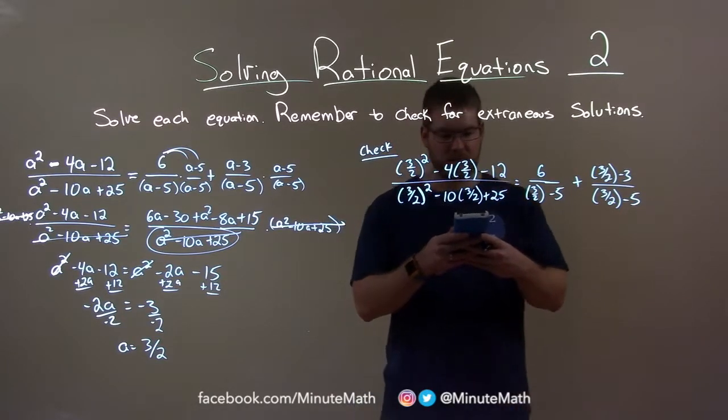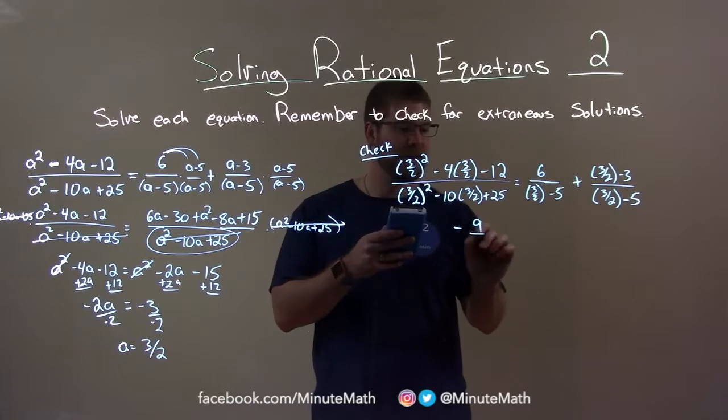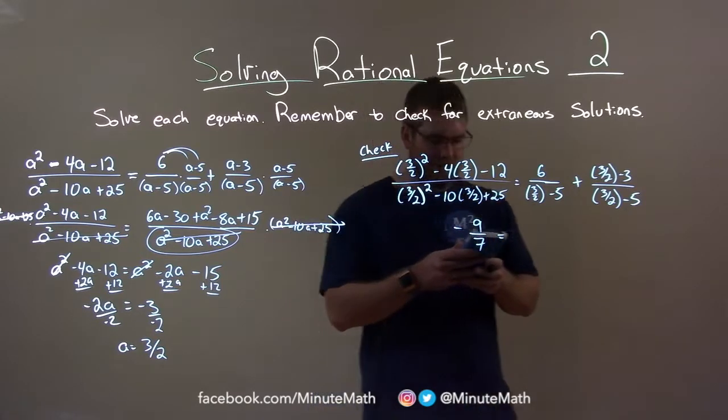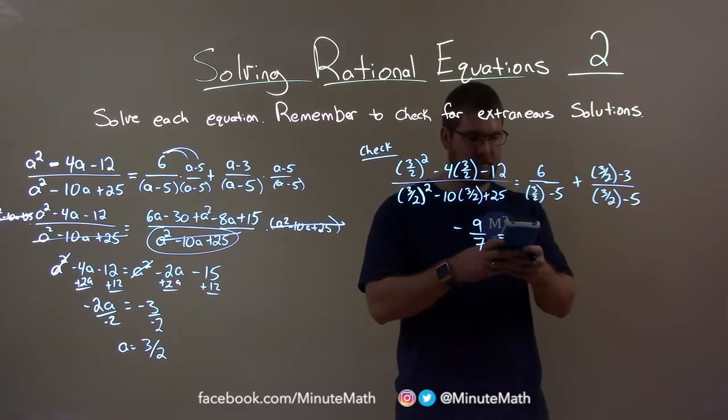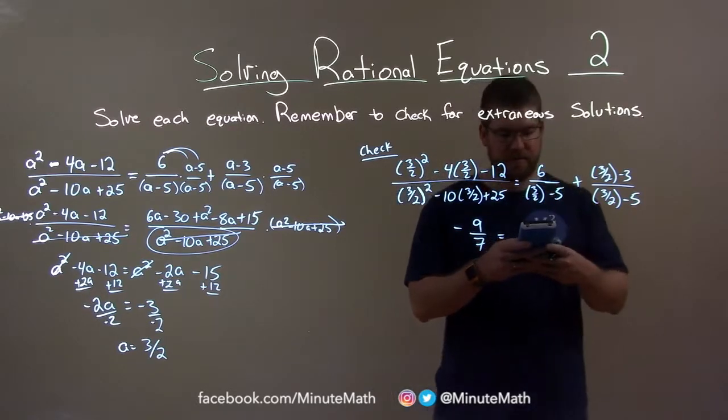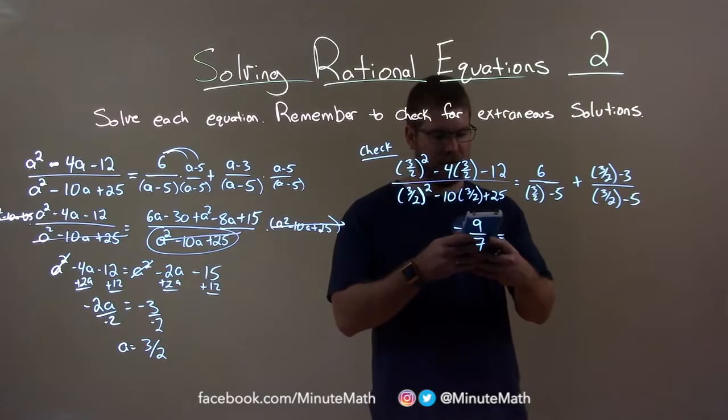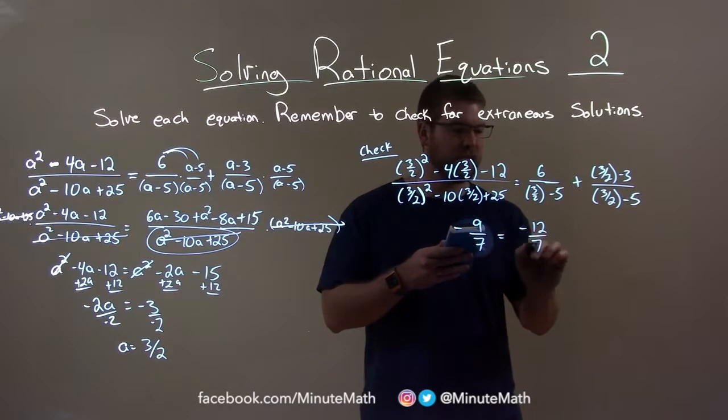And this becomes a good old fraction of -9/7. 6 divided by 3/2 minus 5, and this as a fraction is -12/7.